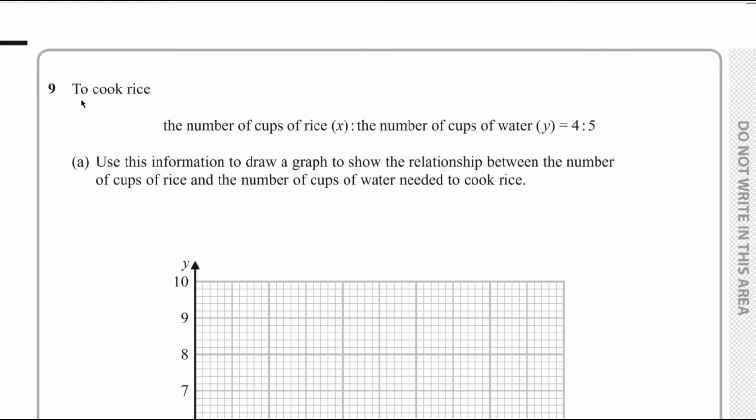Question number 9. To cook rice, the number of cups of rice, X, to the number of cups of water, Y, is equal to 4 to 5. Part A. Use this information to draw a graph to show the relationship between the number of cups of rice and the number of cups of water needed to cook rice.